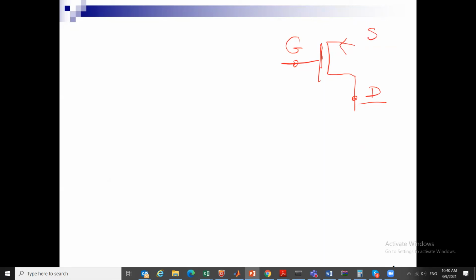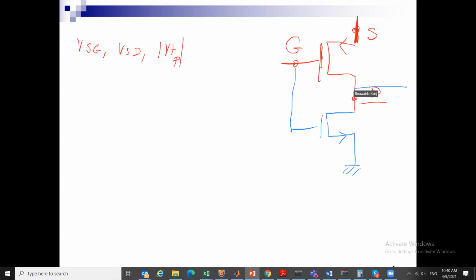If this is my S, then we study VSG, VSD, and the absolute value of VT,P, and we apply the same equations. Let us assume that I have a CMOS inverter, and this is the output.